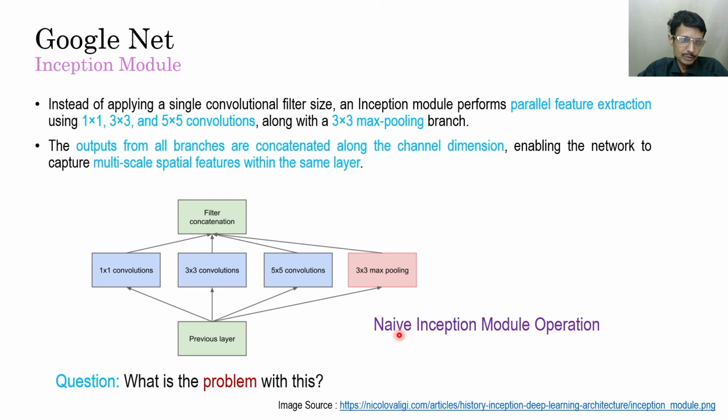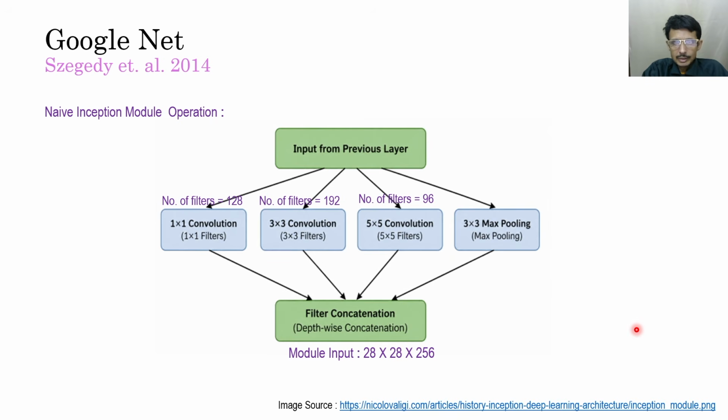This is a naive inception. But what is the problem with this? The problem with this naive design is the computational complexity. The input from the previous layer comes in.